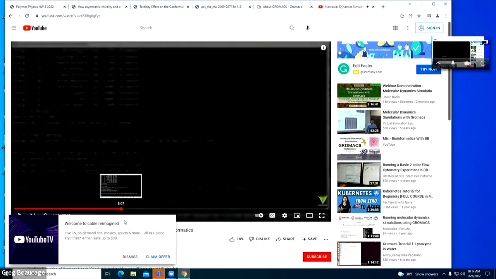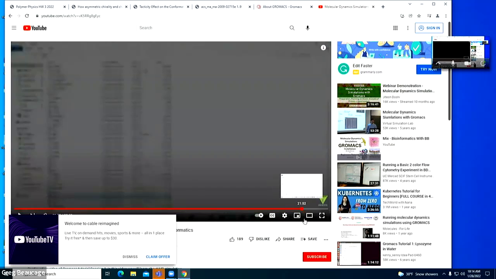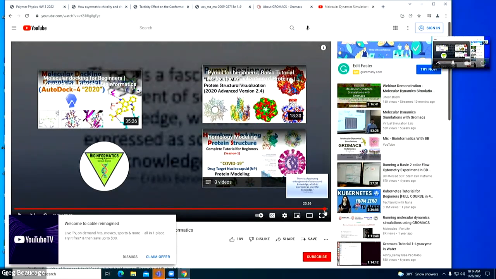I haven't looked at this before. I just want to see the picture that they get out of it. They simulate, and then they end up with a picture of a protein, like that thing. So that's what GROMACS does. Those are like some kind of protein active site or something.